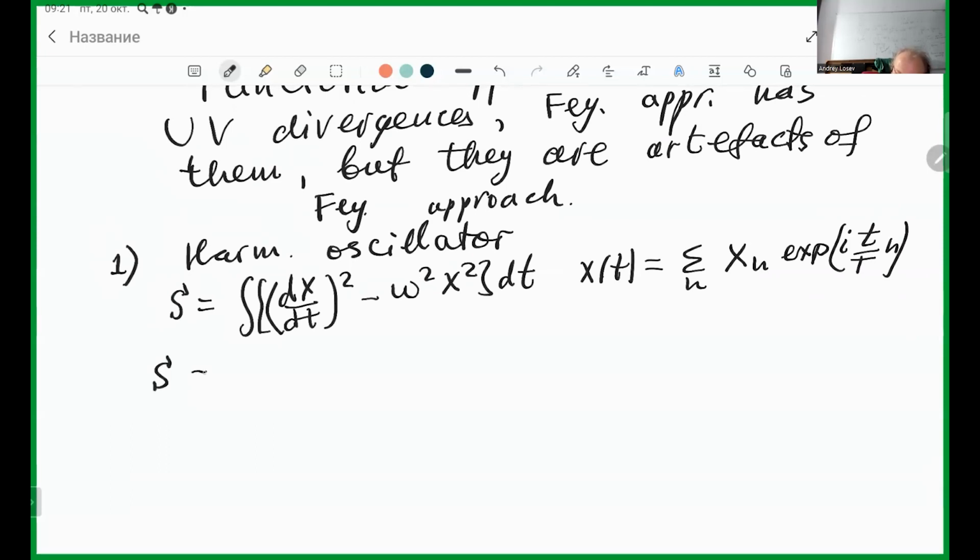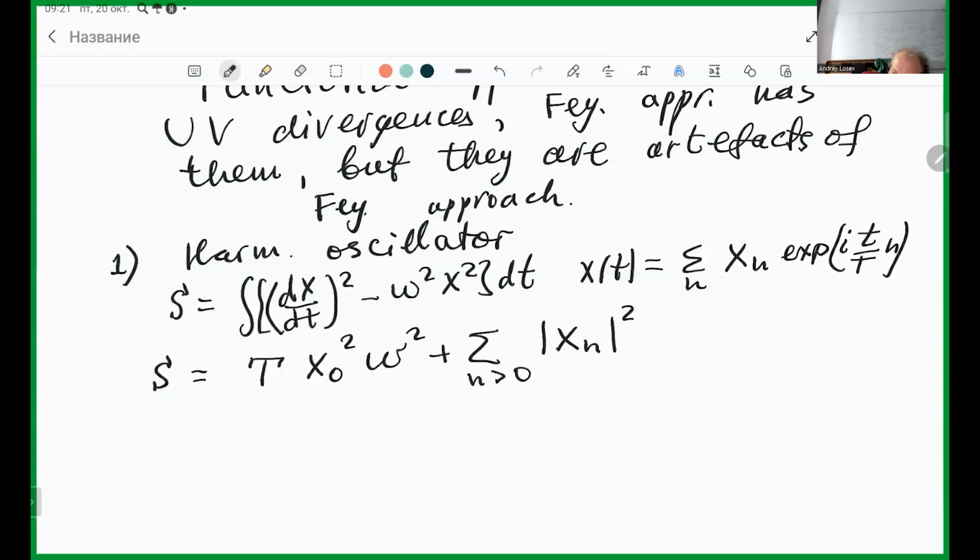So action is just t x naught square omega square plus sum over n greater than 0 xn moduli square, and what do I have here?